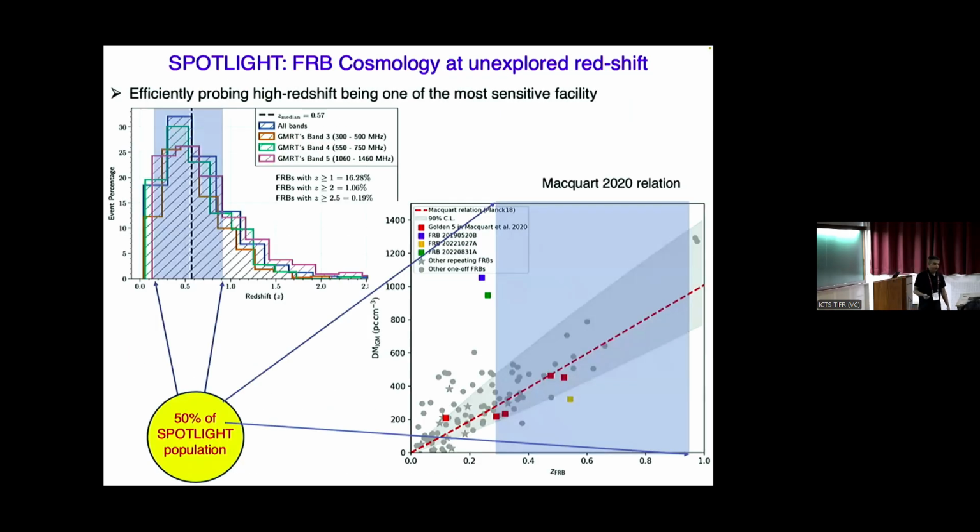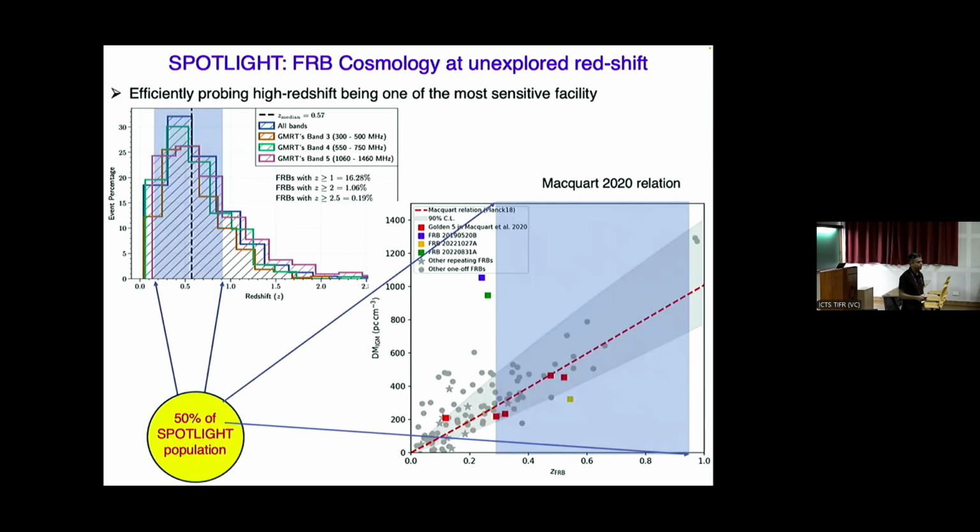Now, when you run the simulation to understand what parameter space you are probing, as I think you heard last week also, Spotlight is sitting in a space where, as you see in this picture we have seen from Kriti, the FRBs populate the DM-z plane.